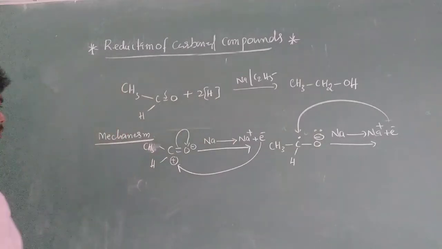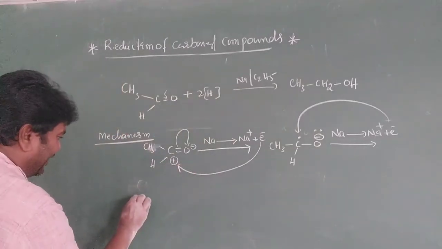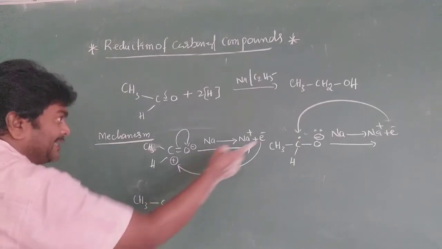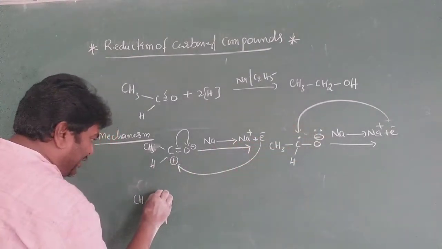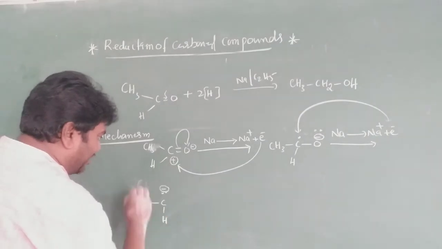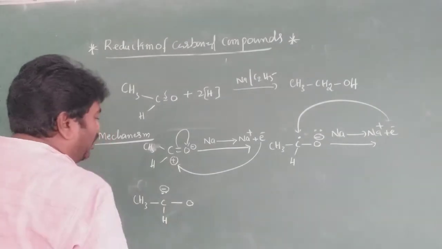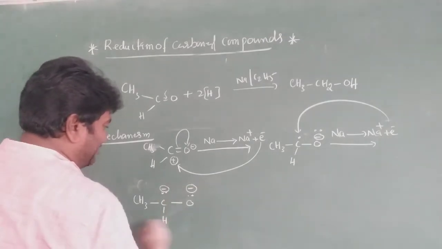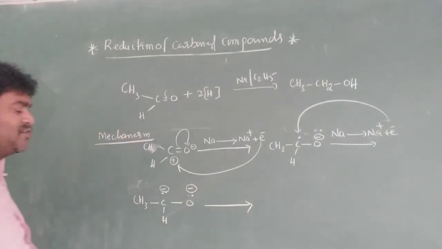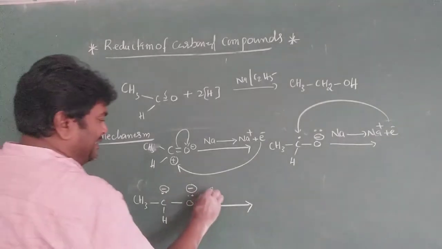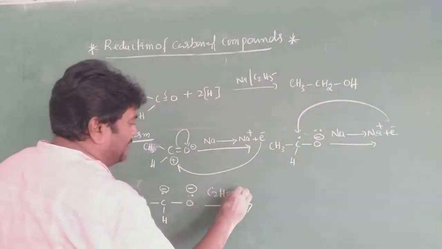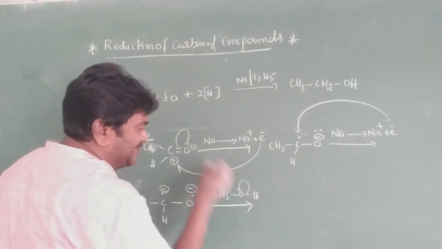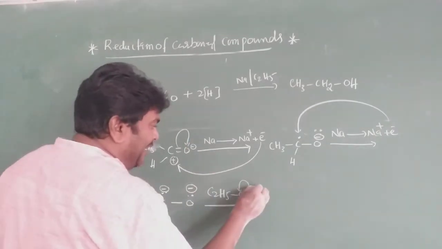One more electron is added, giving a lone pair and a negative charge on oxygen. Next, C2H5OH: the O-H bond breaks, these two electrons are gained by oxygen, and it is eliminated as H+.